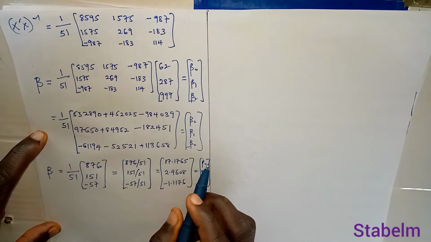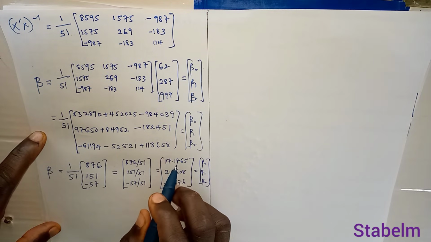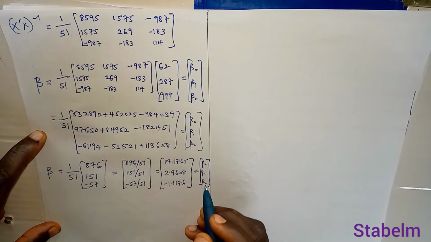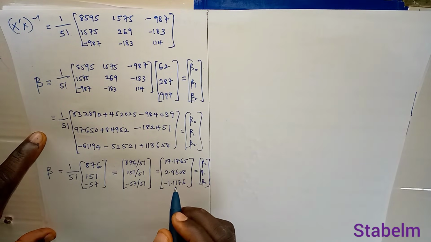So which means our beta naught is 17.1765, our beta 1 is 2.9608, our beta 2 equals minus 1.1176.